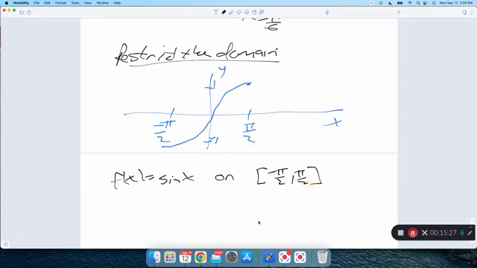A function is determined by its formula and its domain. If you change the domain, it's a different function. This is not regular old sine of x. It's this new version of sine with this restricted domain. This guy is 1-to-1. We can look at the picture. It passes the vertical line test and the horizontal line test. So it has an inverse.